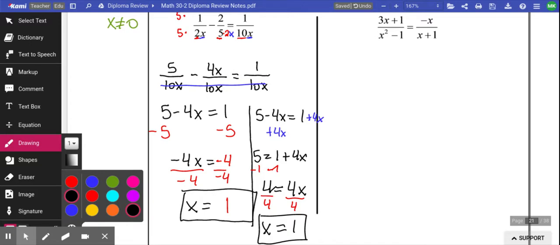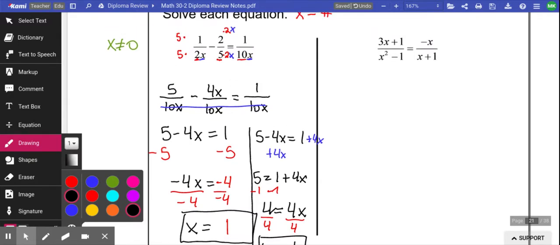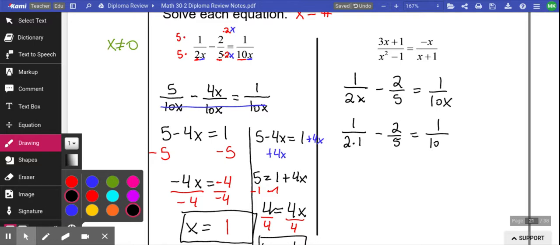Different method, same answer. Here's the beauty of rational expressions: you can check your answer. Remember that you're finding a value for the variable that makes the original equation true. The original equation was 1 over 2x minus 2 over 5 equals 1 over 10x. We said x equals 1. If that's true, that means 1 over 2 times 1 minus 2 over 5 equals 1 over 10 times 1.